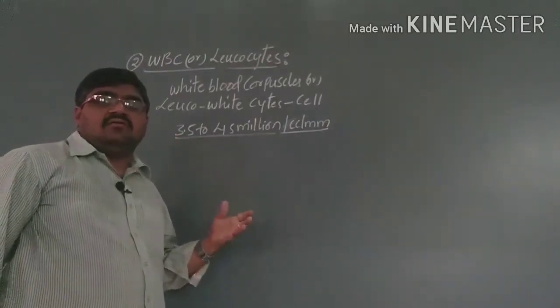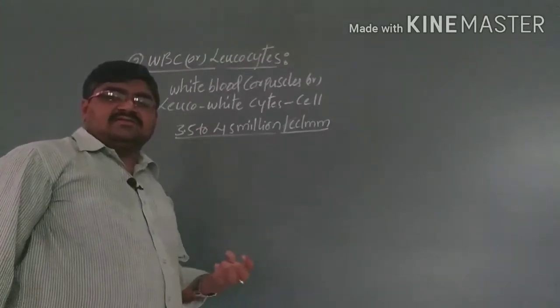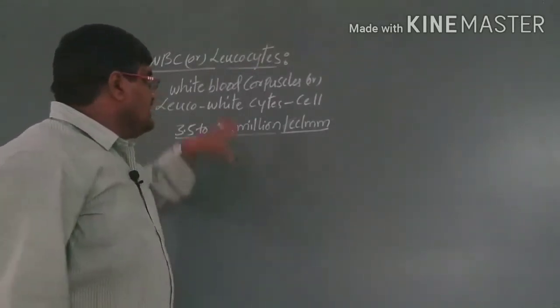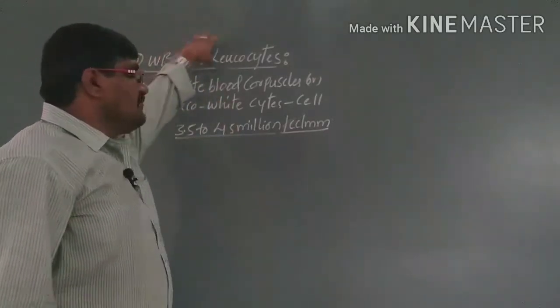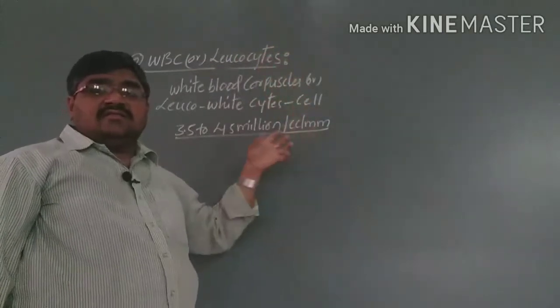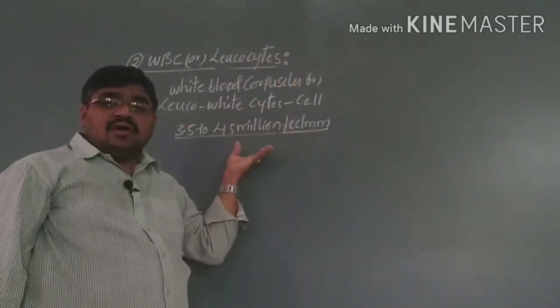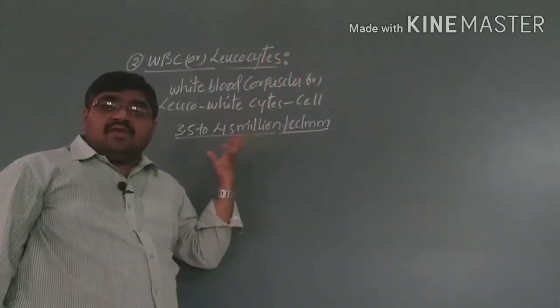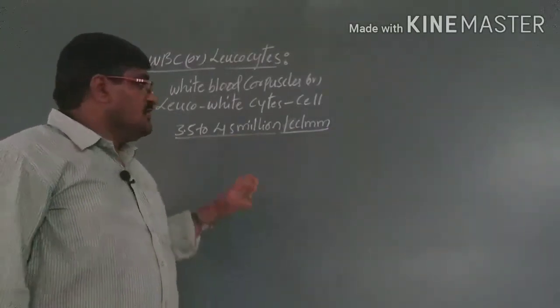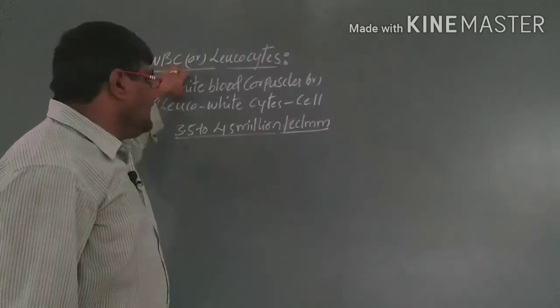That means the antigens, the foreign particles which enter our body, are handled by the white blood cells, or leukocytes. So they play a very important role, protecting our body from harmful germs.